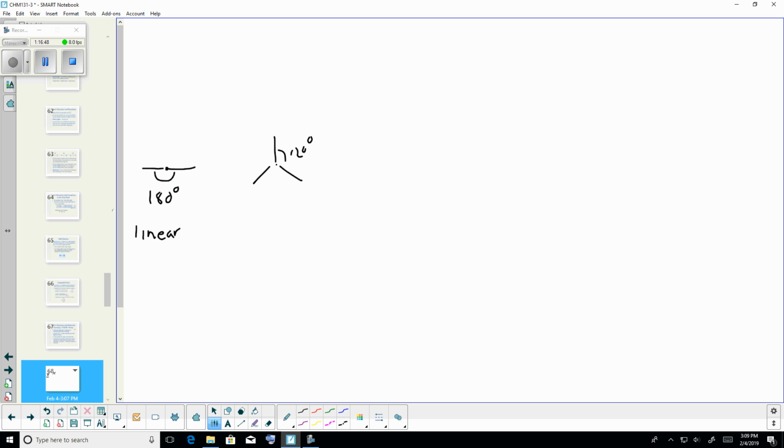Anybody know what we call this shape? Three corners would make it a triangle. All of them are in the same plane. So we call it trigonal planar.